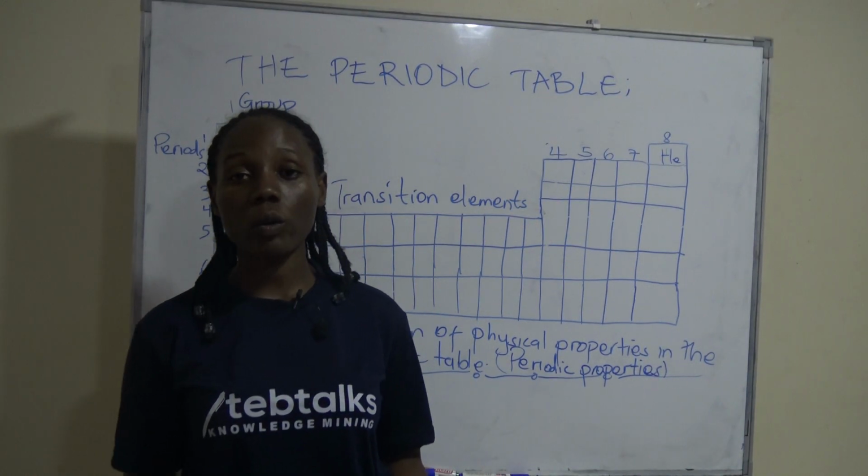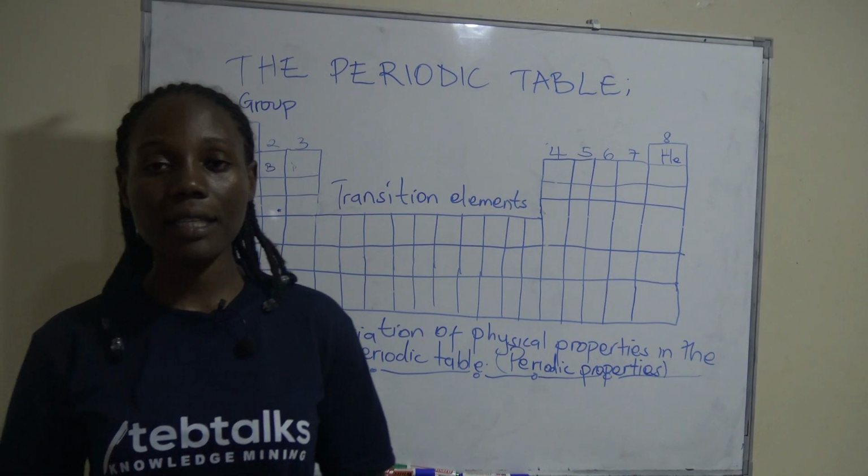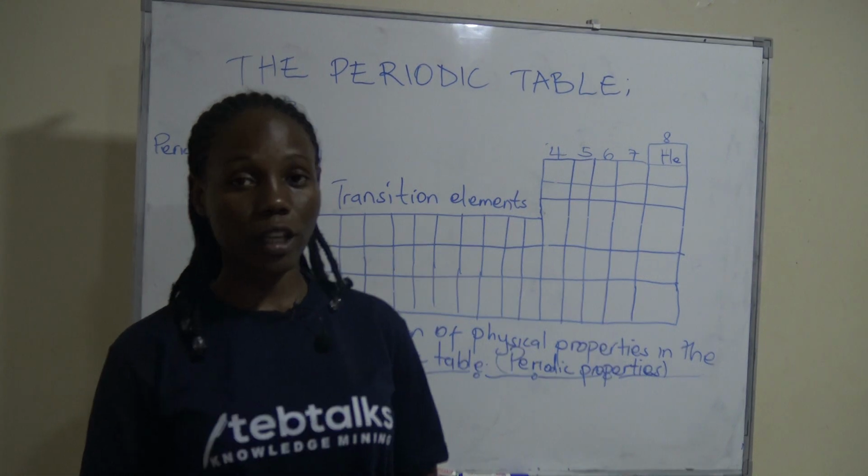And the first one, we have what we call atomic radius. We have ionization energy.